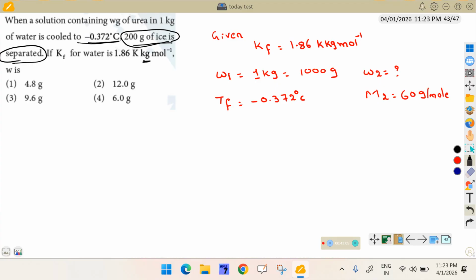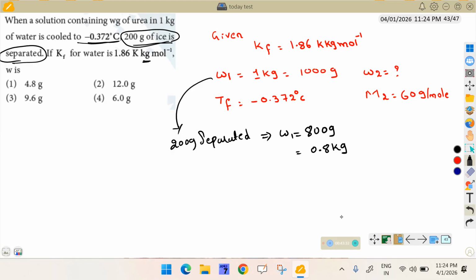Weight is given as 1 kg, from this 200 grams separated, then W1 value is equal to 800 grams, in terms of kgs 0.8 kgs or 800 grams.